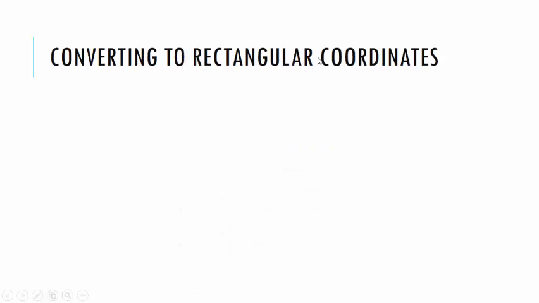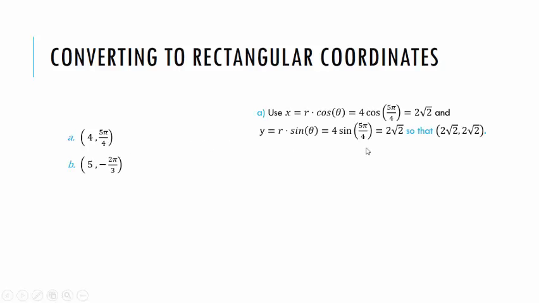To convert to rectangular coordinates, this would mean that your point was given to you in polar coordinates. So maybe 4 comma 5 pi over 4, it's understood that r would be 4 and theta would be 5 pi over 4. Using our equations from earlier, x is equal to r cosine of theta, plugging in 4 and 5 pi over 4.